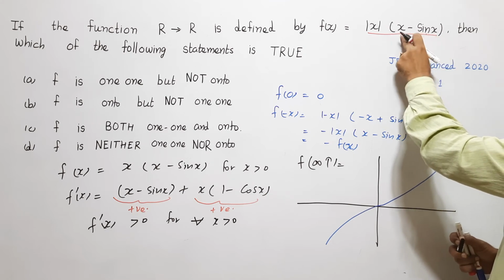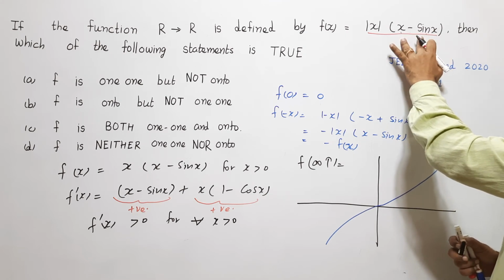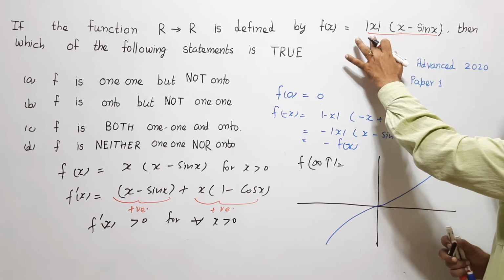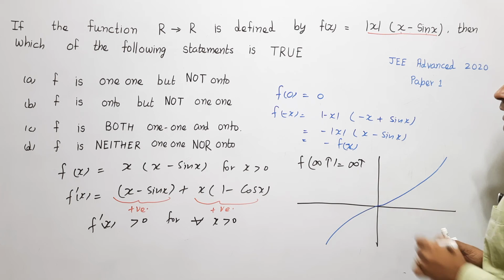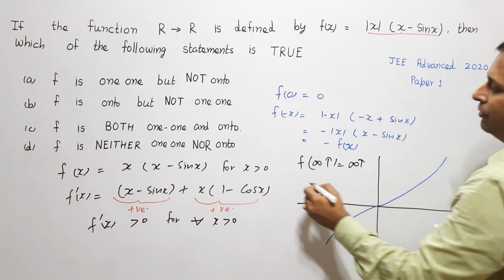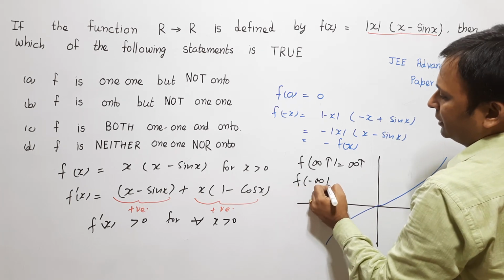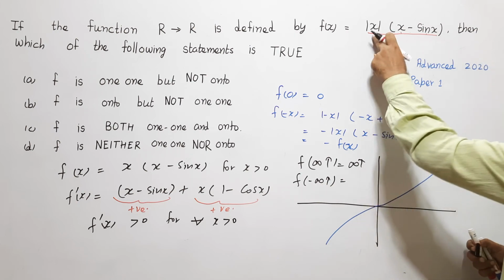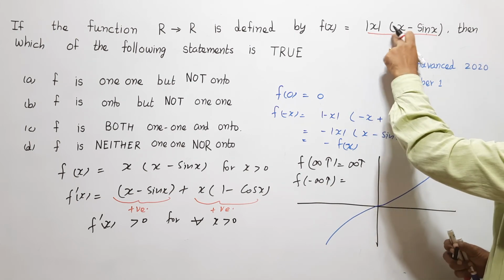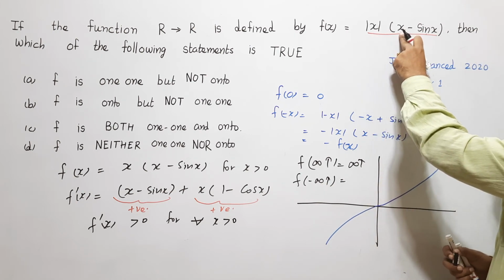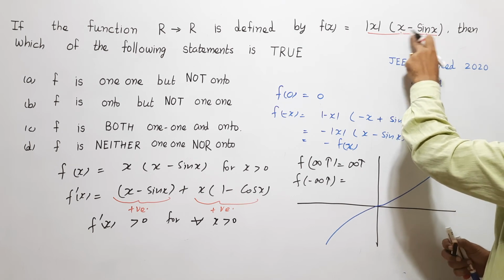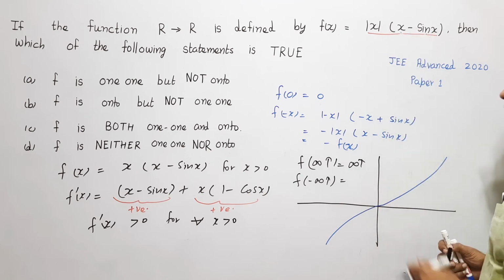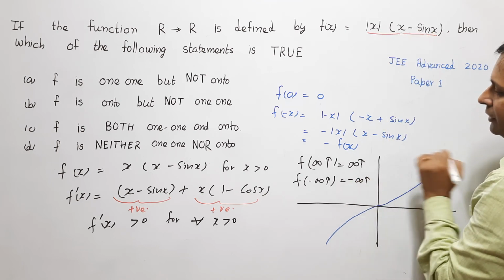So infinity minus this value will always tend to infinity, multiplied by |x| will also tend to infinity. And when x approaches minus infinity, this mod value will always be positive, but because of x approaching minus infinity, minus a finite number between −1 and 1, this whole thing will always approach minus infinity.